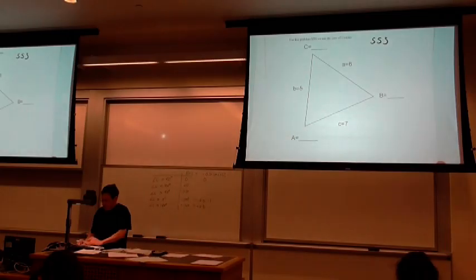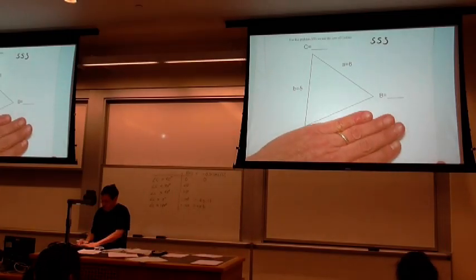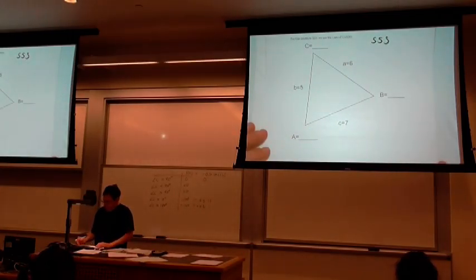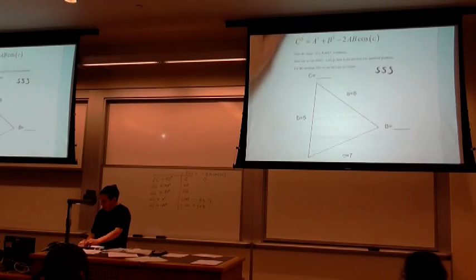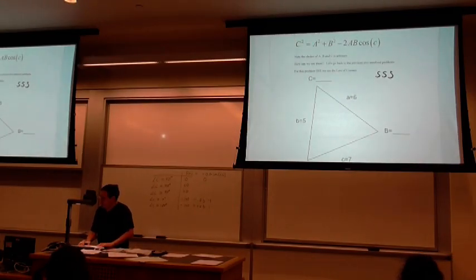Let's use this form: c squared equals a squared plus b squared minus 2ab cosine C. So c squared is 7 squared.